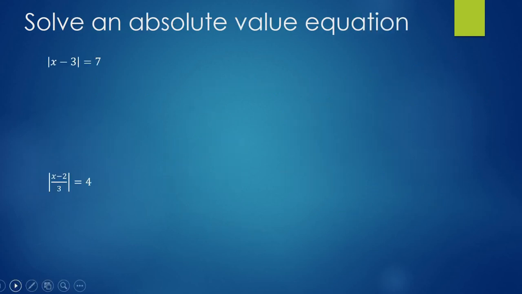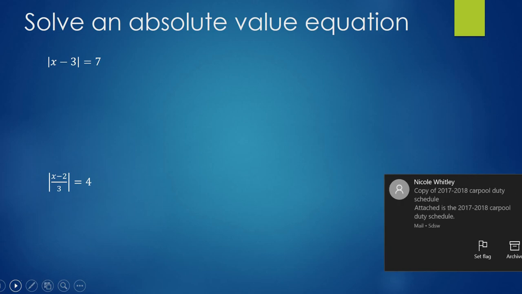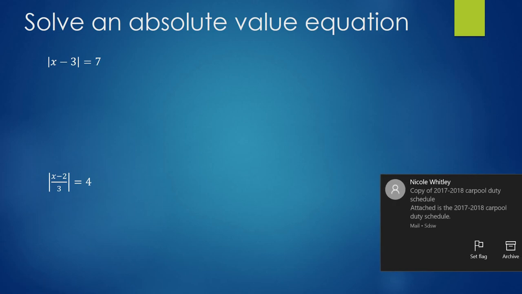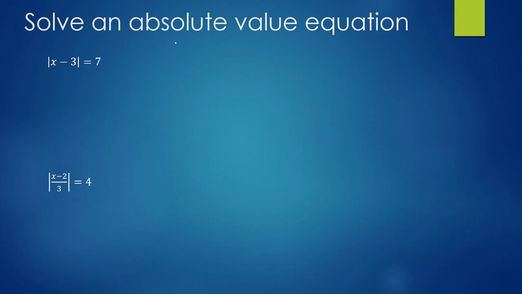So, solving absolute value equations. When we had a simple equation of just the absolute value of x equaled a particular number, we could rewrite that by saying that x equaled the actual integer or x equaled the negative of the integer. Well, the same thing holds true when there's an expression inside of the absolute value.